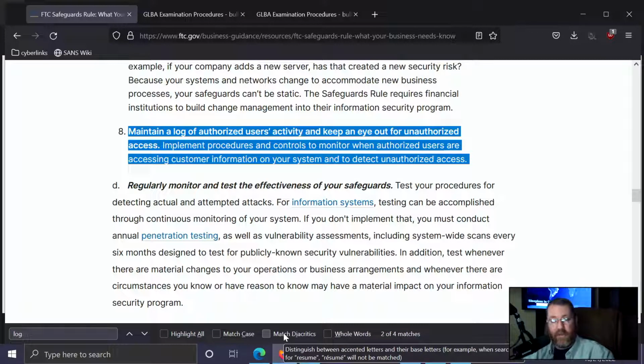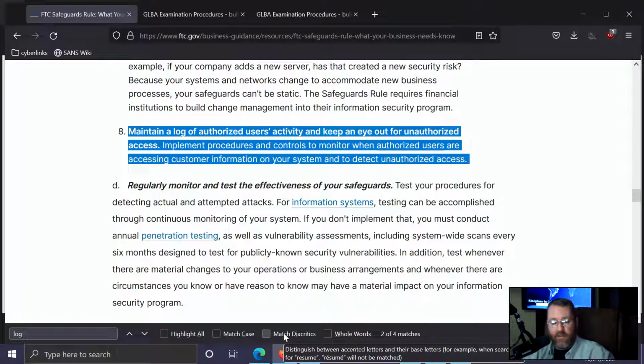And maybe you even give them a quick guide of things to look for. If this is outside of business hours, if this is outside of the country, if this is an IP that is not recognized, that's what they're going to look for. That, I believe, would meet all the requirements of this number 8 of maintaining and reviewing logs of user activity.